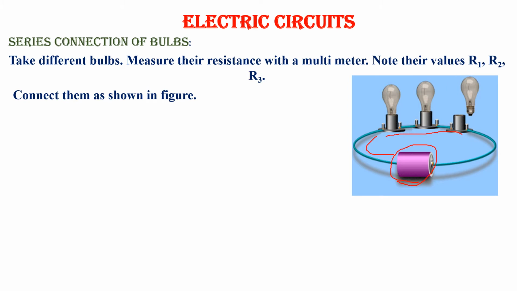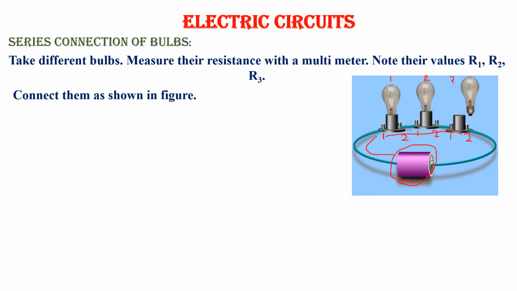Now, in series connection, what happens? This is terminal 1, this is terminal 2, for each bulb. So here, this is first bulb, this is second bulb, and this is third bulb.